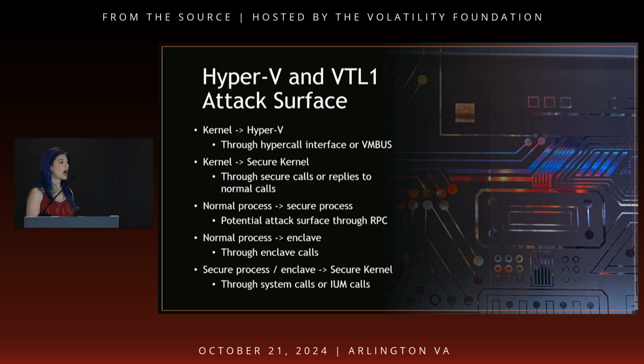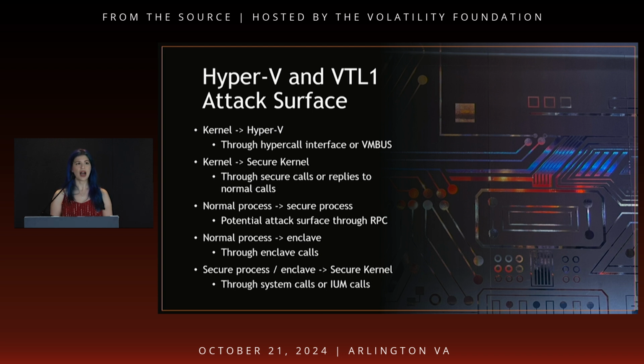You can get from the kernel to the secure kernel through another mechanism similar to system calls. That's called secure calls. So when the kernel needs to ask the secure kernel to do something, to start a secure process or thread, to load a secure module, to query any policies, it does that through secure calls.